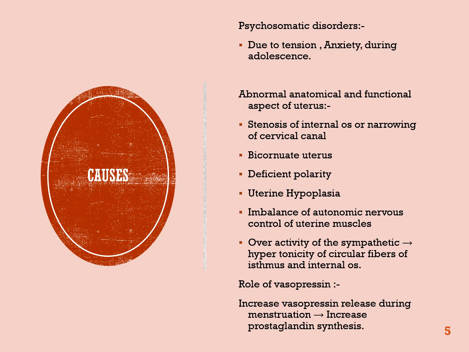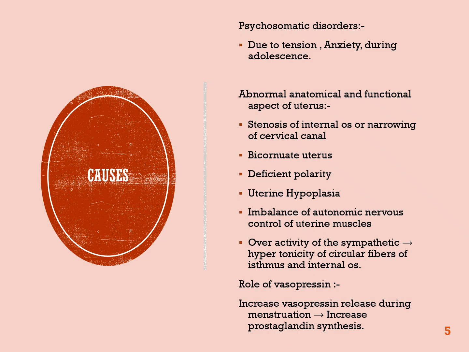The causes of primary dysmenorrhea are multifactorial. Psychological factors such as anxiety, stress, emotional tension, and fear can contribute significantly. Anatomical anomalies include cervical stenosis, bicornuate uterus, uterine hypoplasia, and defective uterine polarity.